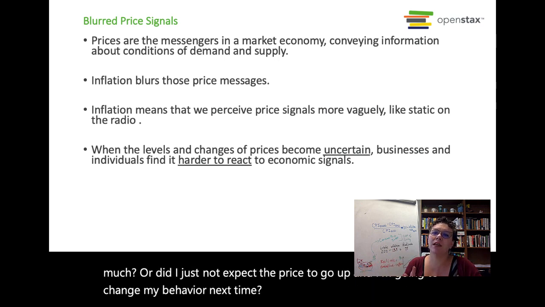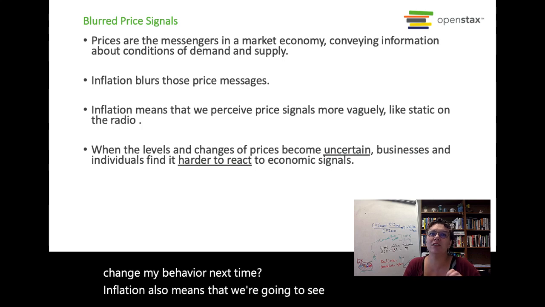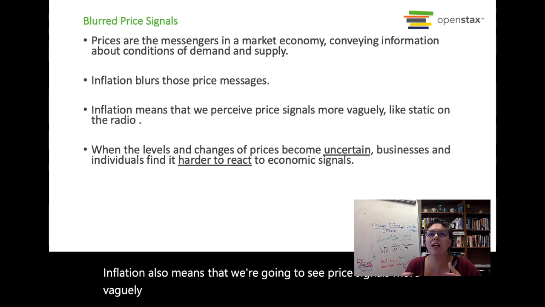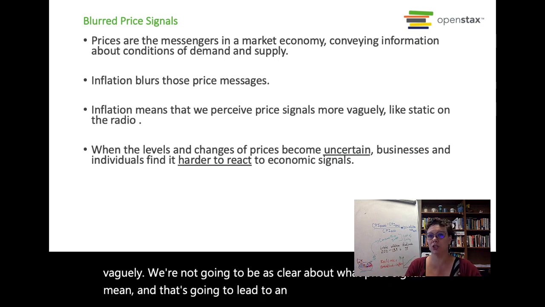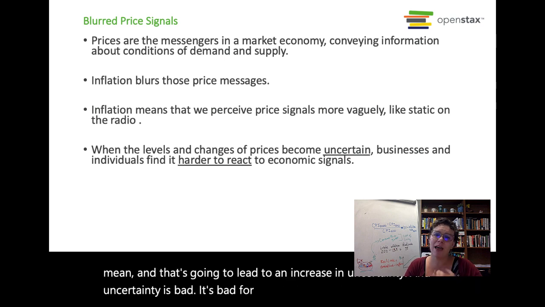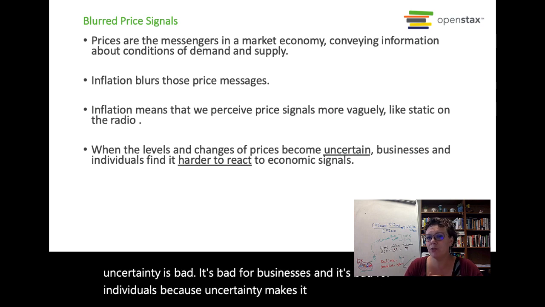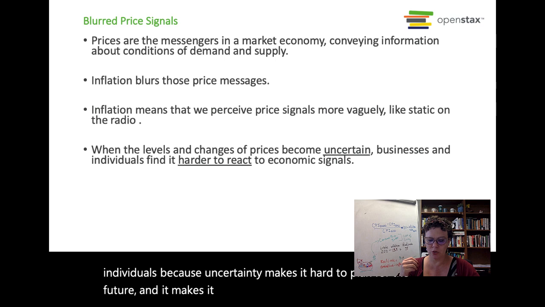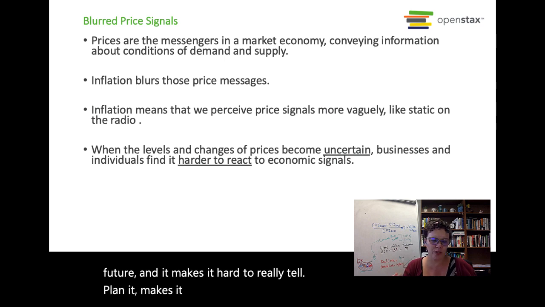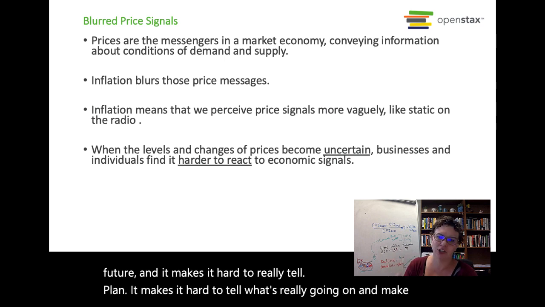Inflation also means that we're going to see price signals more vaguely. We're not going to be as clear about what price signals mean, and that's going to lead to an increase in uncertainty. And uncertainty is bad. It's bad for businesses and it's bad for individuals because uncertainty makes it hard to plan for the future, and it makes it hard to tell what's really going on and make good decisions in the long term.